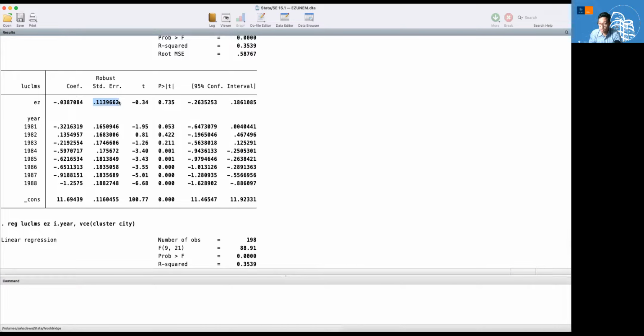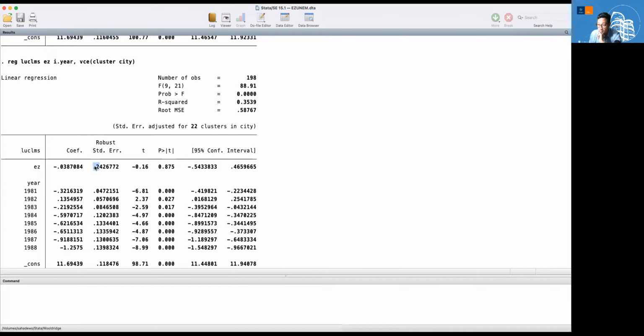In the regression with just the general heteroscedasticity robust standard error, the estimated standard error for enterprise zone is 0.1139. Now it doubles. The estimated robust standard error doubles after you identify the fact that they're actually correlated across time. So be very mindful that if you have panel data, the error terms or the shocks can be correlated across time, and you want to accommodate that.